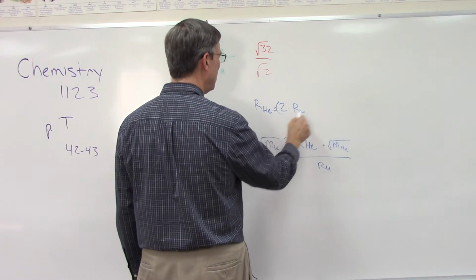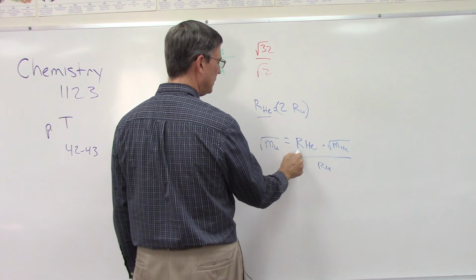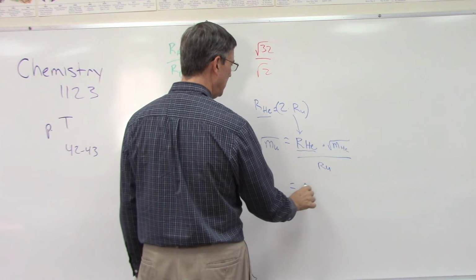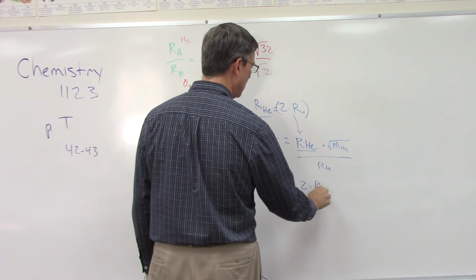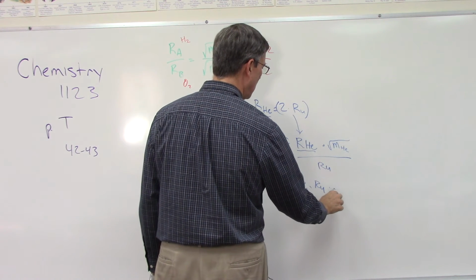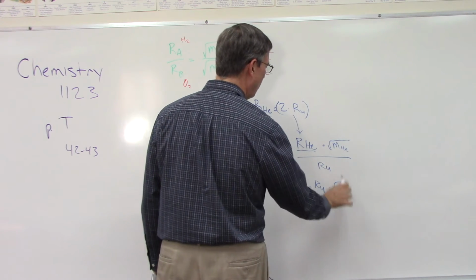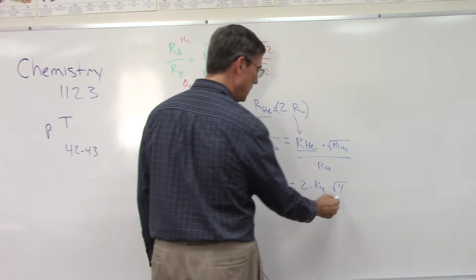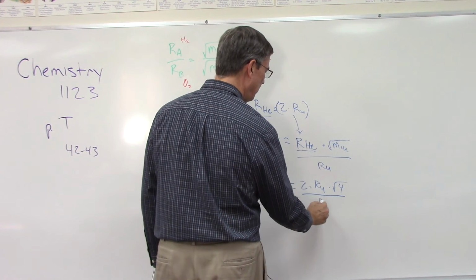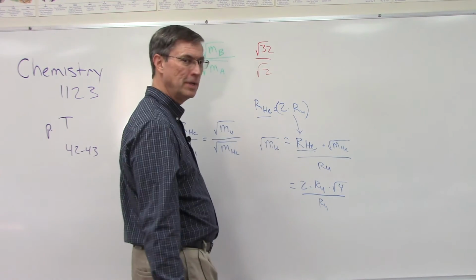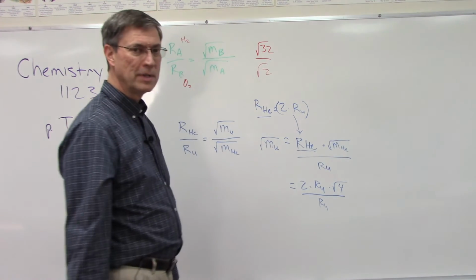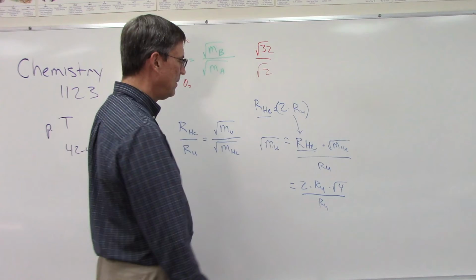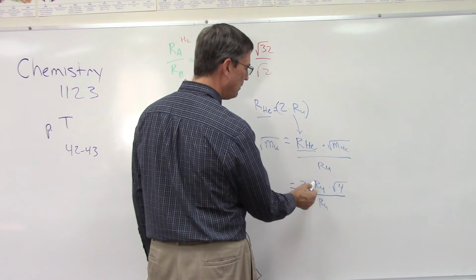We know this is equal to this. So I'm going to substitute that. Okay? So 2 times R_U times the square root of 4, because 4 is the mass of helium, all right, divided by R_U. Now watch what happens. Because of this, and this is cool, this happens a lot in chemistry and physics, we do these substitutions so that something will simplify.